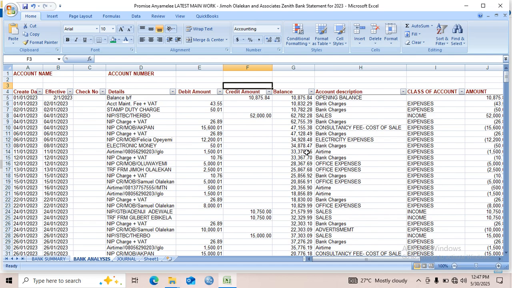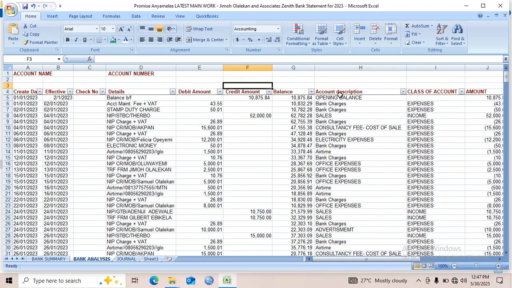When you get it, the things you will see there are just the dates, the check numbers, the details, the debits and the credits, and also the balance. That is all you will get from the bank statement.